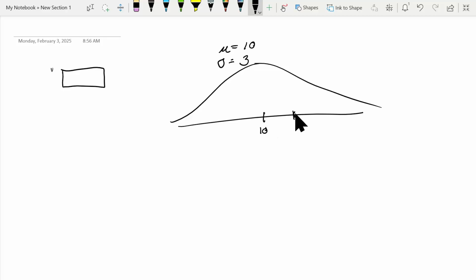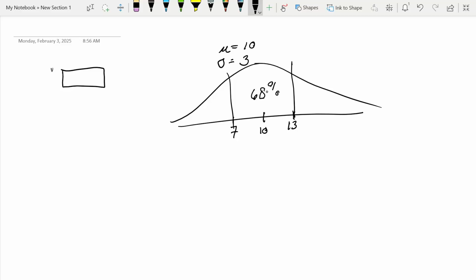If I go one standard deviation up to 13 and one standard deviation down to 7, that includes 68% of the distribution. I always said it was 2/3 because that's easier to remember. And it's basically correct, but it's officially 68%.